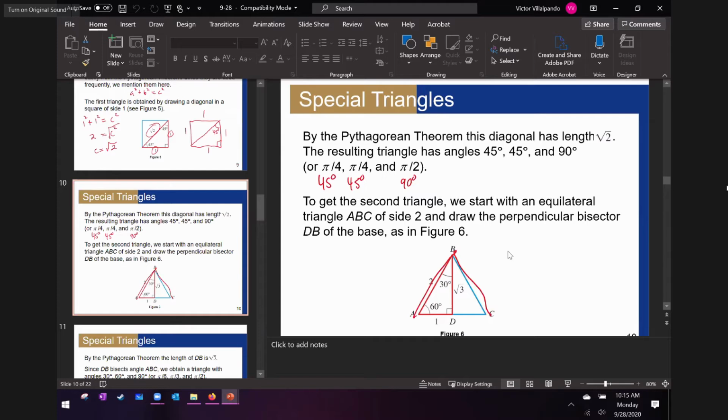So to get the second triangle, we start with an equilateral triangle with side 2, and they draw a perpendicular bisector through D and B. So they're talking about this red line that runs up and down here. If that perpendicular perfectly splits that triangle in half, then that side is 1 and this side is 1.